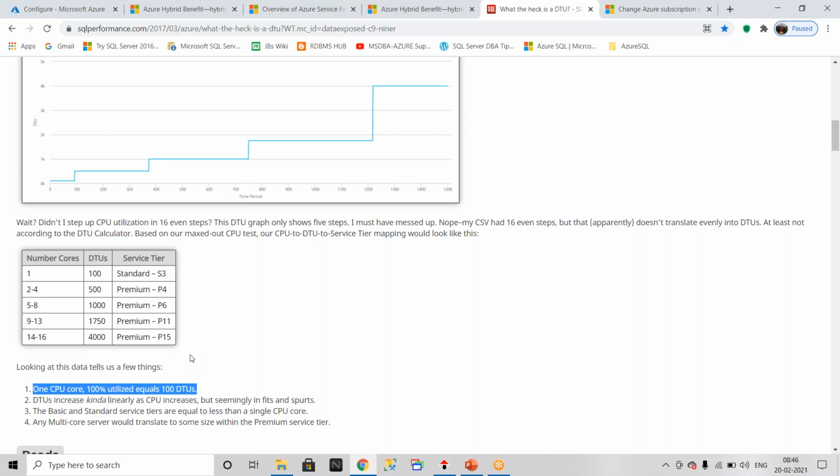Clear? Not clear? He made a lot of calculations and formulas, and he came to know 100 DTUs is equal to 1 vCore, sir.